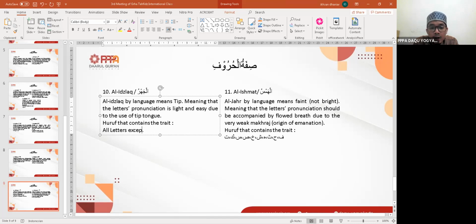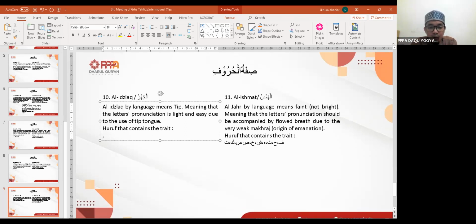So when you try to pronounce the huruf which has this sifah or trait, you find it light and easy to pronounce, because you just need your tip tongue to pronounce the huruf.